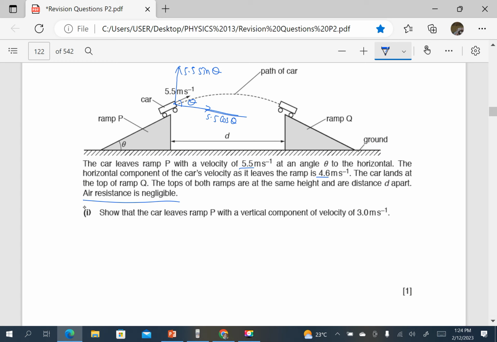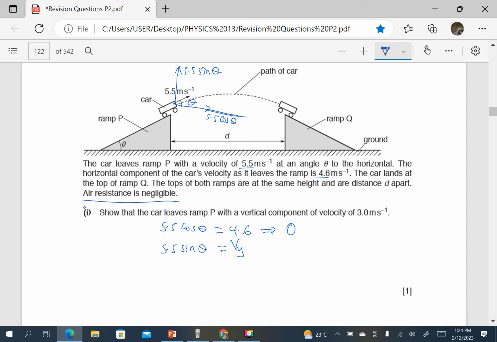Show that the car leaves ramp P with a vertical component v of velocity of 3.0 meters per second. So we have seen that the horizontal component 5.5 cos theta is equal to 4.6. The vertical component, which is 5.5 sine theta, I'll call V in the vertical. We can easily find theta from the first part.